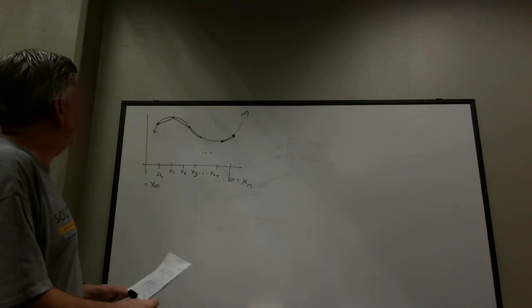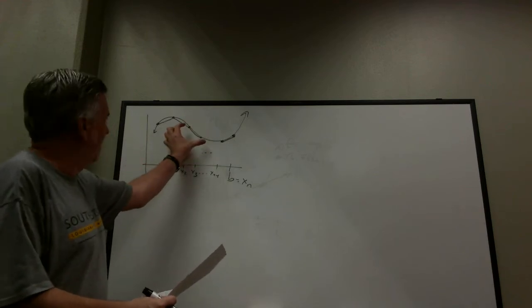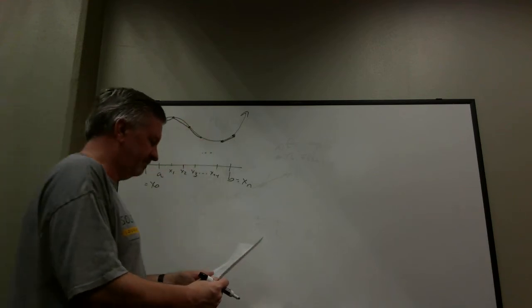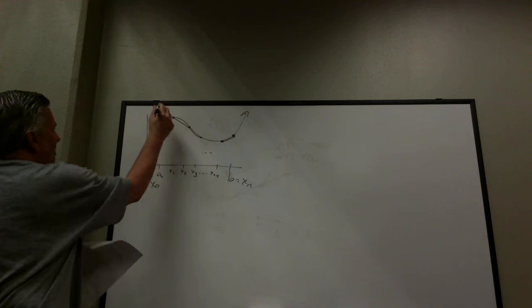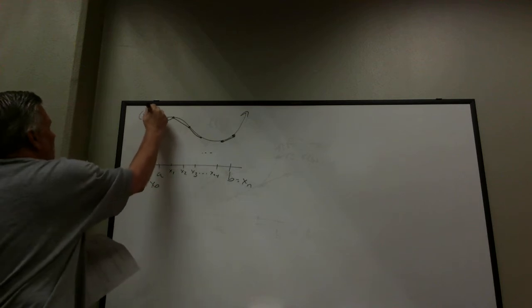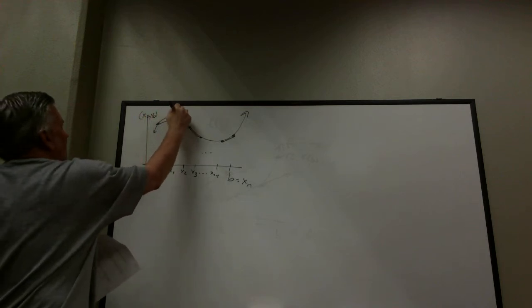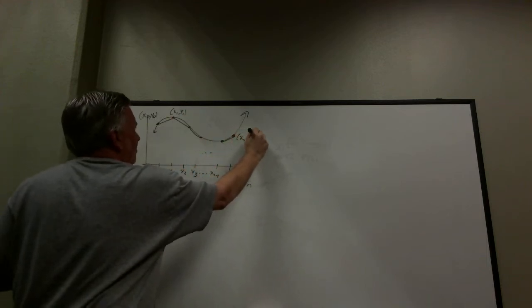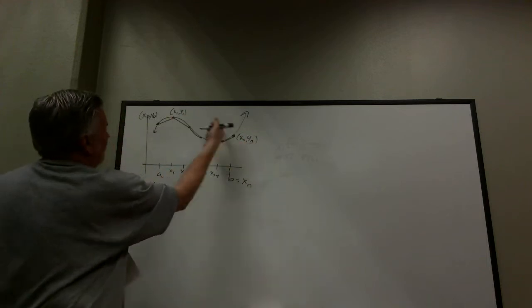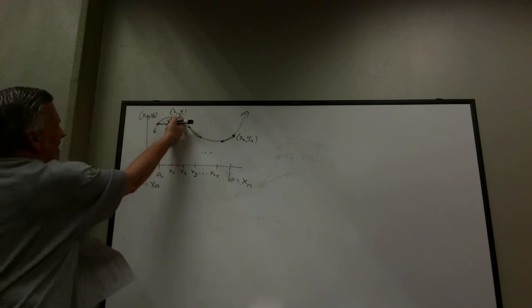Now let me just pick a random line segment in the middle here. For example, you don't write this down, but this is like x naught, y naught, this is x1, y1, etc. This is xn, yn. It's f of x naught, f of x1. But we're going to stick with x's and y's.